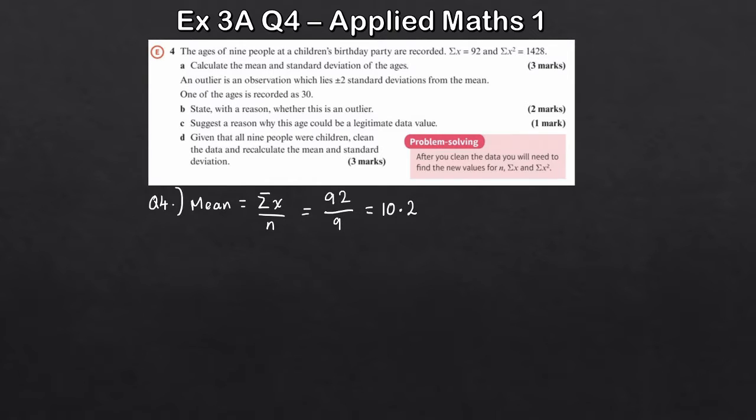Standard deviation is a little bit more complicated, but shouldn't be too bad because you do have this formula given in the formula book. The standard deviation we write as the square root of sigma x squared, which is where we need our sigma x squared from up here, divided by n, and then we minus the mean squared. You can write this in 2 ways.